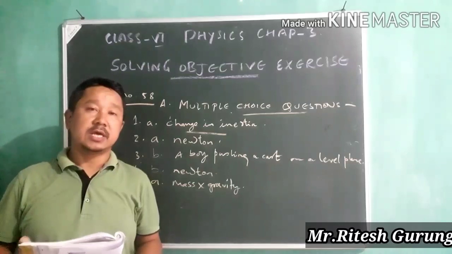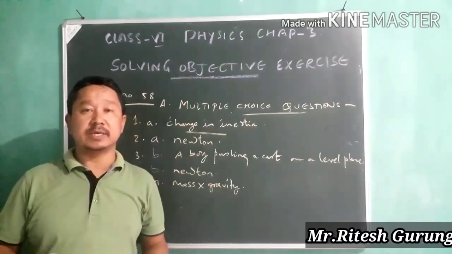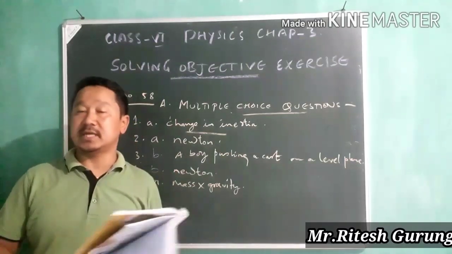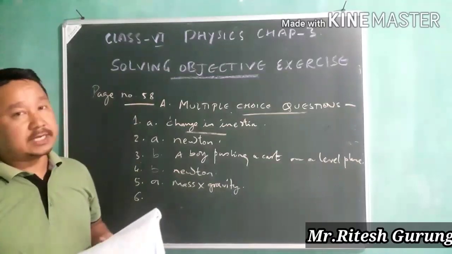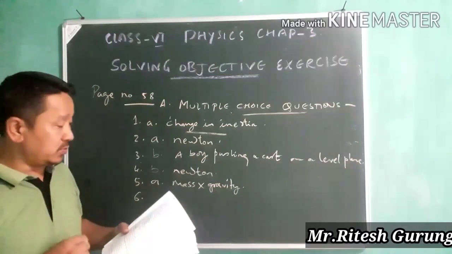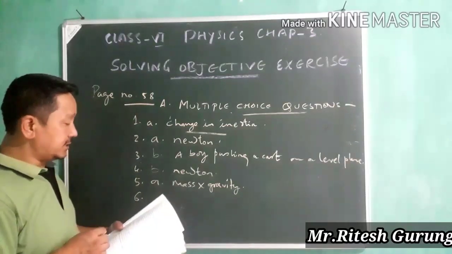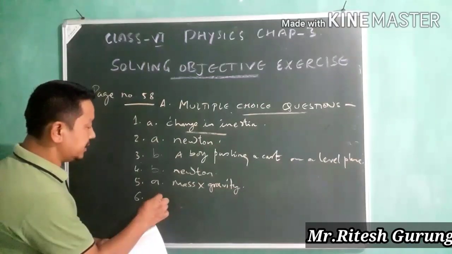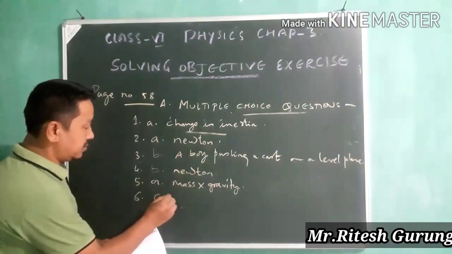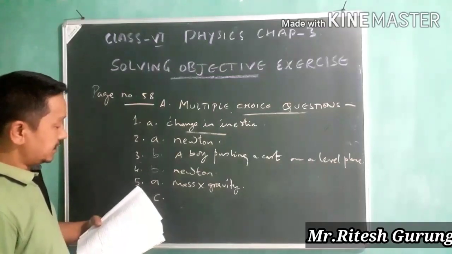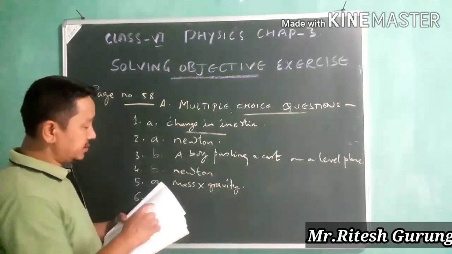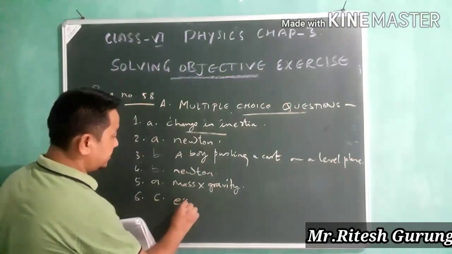In some cases we need friction, in some cases we don't. That means it has both advantages and disadvantages. So the correct option is option C, either advantages or disadvantages.